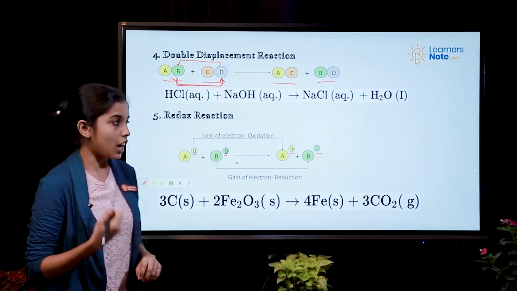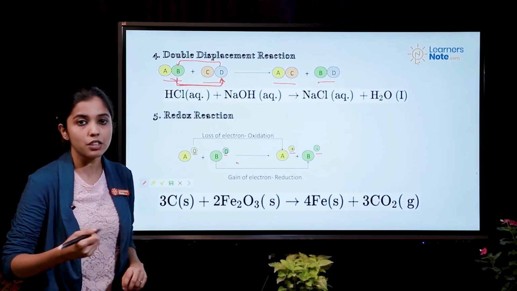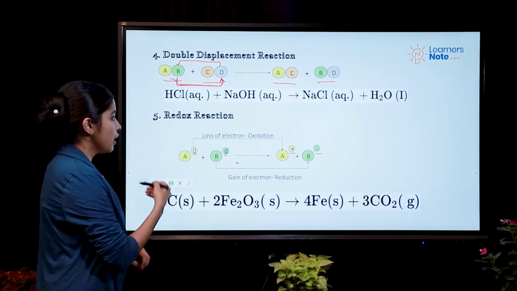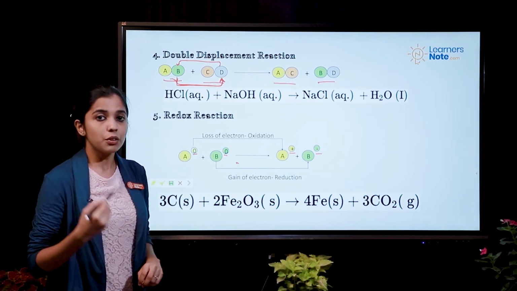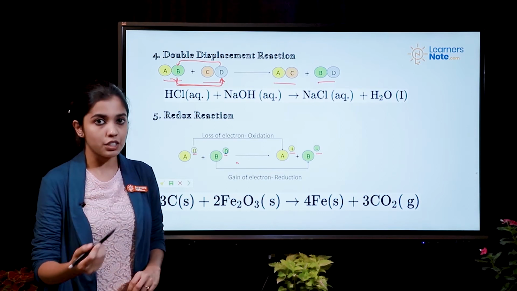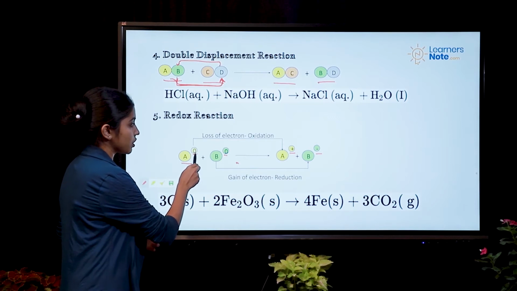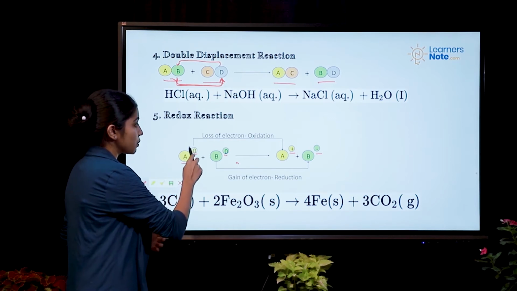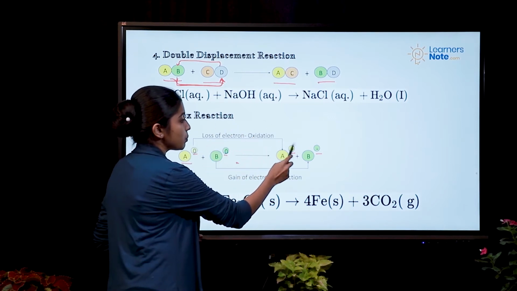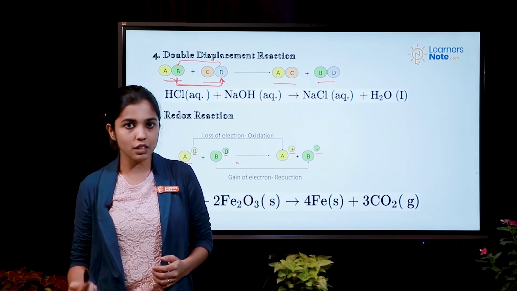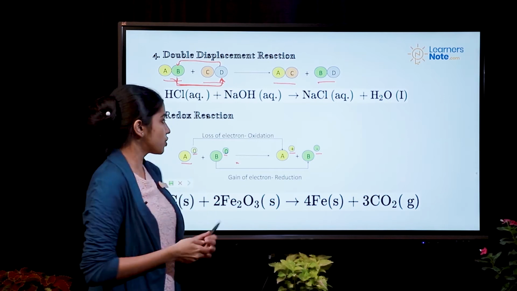That charge is because of the oxidation or reduction reaction that is taking place. So when oxidation is taking place, you have a gain of oxygen or a loss of electron. Here A is initially in the oxidation state 0, it loses an electron and gains a positive charge. A substance having a positive charge is because of the loss of electron.